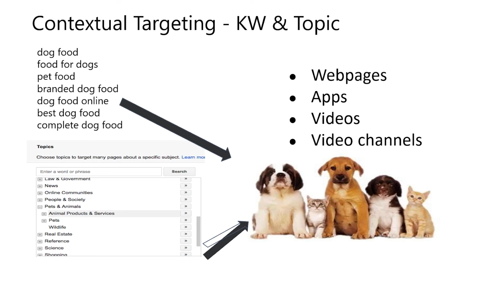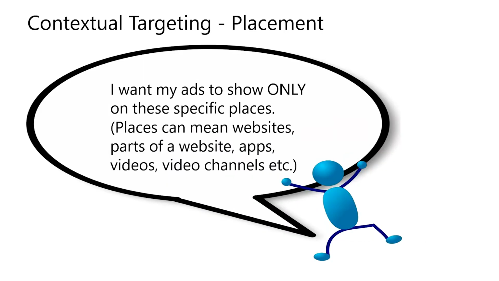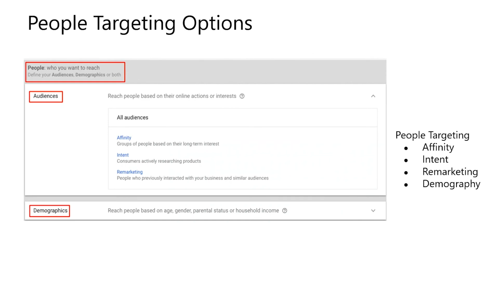So while people are consuming content, you can target them, and accordingly you could drive traffic to your website. Apart from keyword or interest based targeting, you also have placement targeting as a part of the contextual targeting methodology in GDN, where you can pick specific websites, apps, videos, video channels, and so on, and say that I want to show my ads to all the people who are visiting these specific properties online, right?